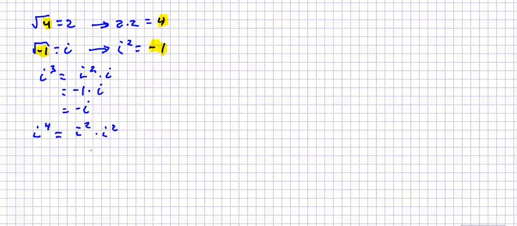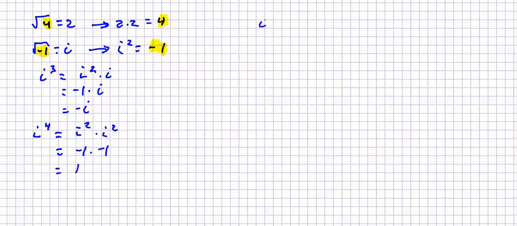And I put this little funky tail on my i's. I don't know why, I've always done it. i squared times i squared is -1 times -1, or 1.